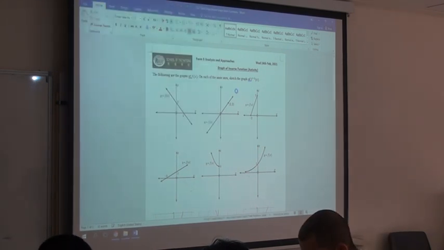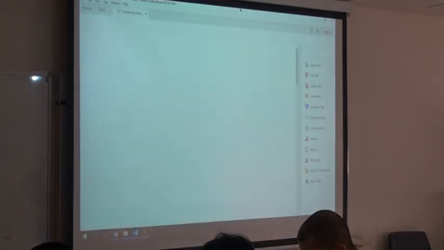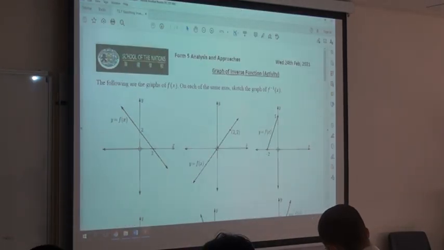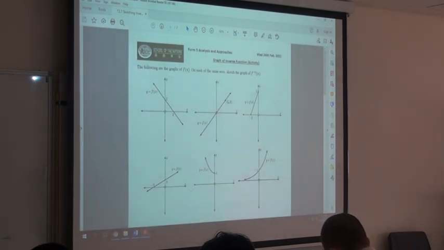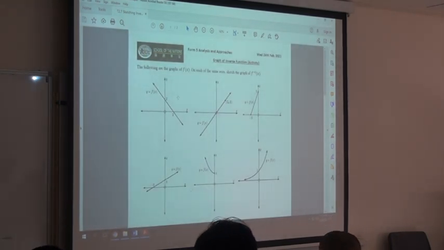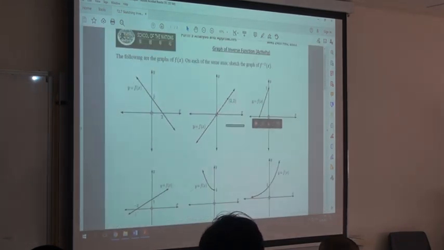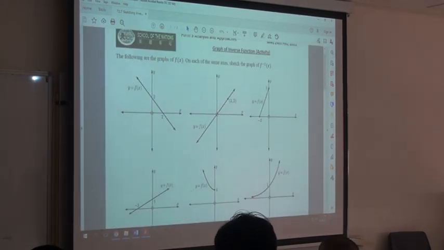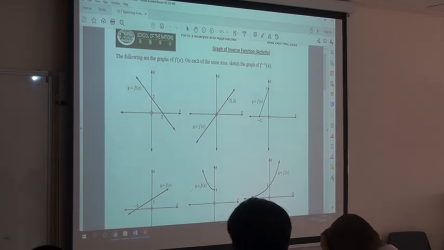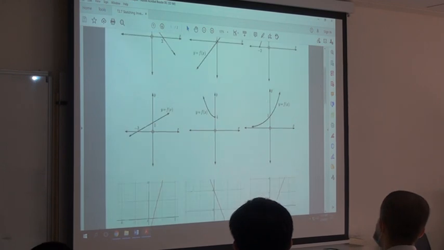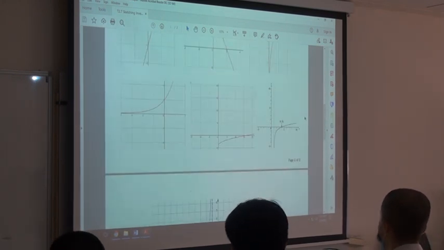So this is what you've been given. In every function, sometimes I give you the intercept. If the intercept is indicated, or any point is indicated, please indicate the corresponding one as well. For each of these, please do the inverse neatly, but a sketch.